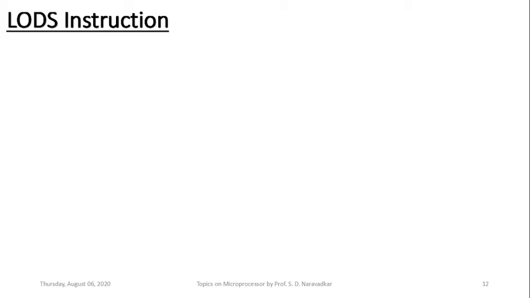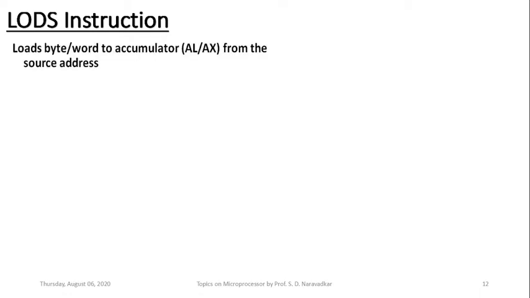So here is the load string instruction, LODS. I want to explain both variations of it. First, the explanation in a single sentence: it loads a byte or word into the accumulator, that is, either the AL register or the AX register, from the source address.